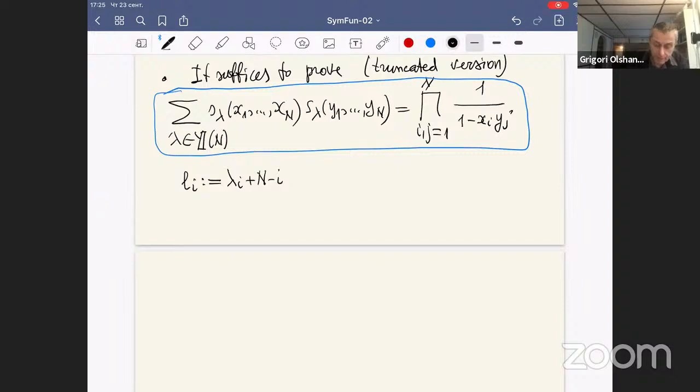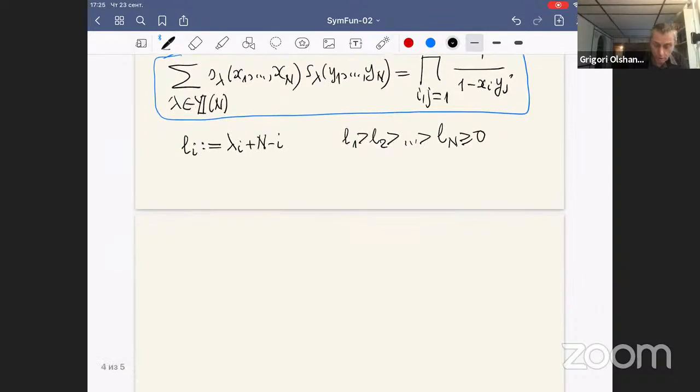And we replace the sum over Young diagrams by the sum over all n-tuples of integers satisfying these inequalities. And what do we get? One determinant.